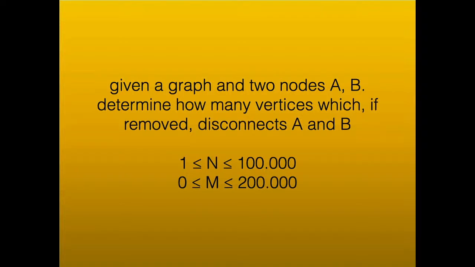Yes, you orient the edges, and after that you have a directed acyclic graph. You can calculate the number of paths from A to each node, and the number of paths from B to each node, and if the product of both is equal to the number of paths from A to B, that node will be necessary.